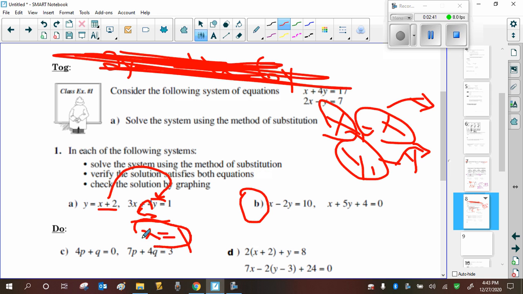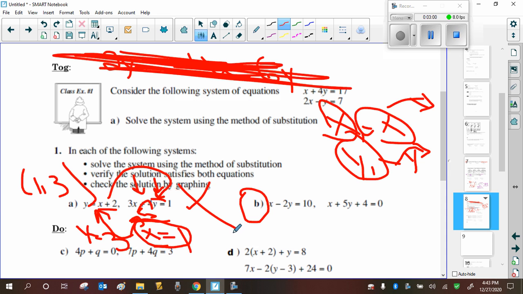Then you sub that, x equals 1, into either equation, and in this case, you get y equals 3. And then your x comes first, your y comes second, you get 1, 3, which is not the solution, because we put 1, 3 in here, that does not equal left-hand side equals right-hand side. Okay, so let's do B, and let's not mess around with that.